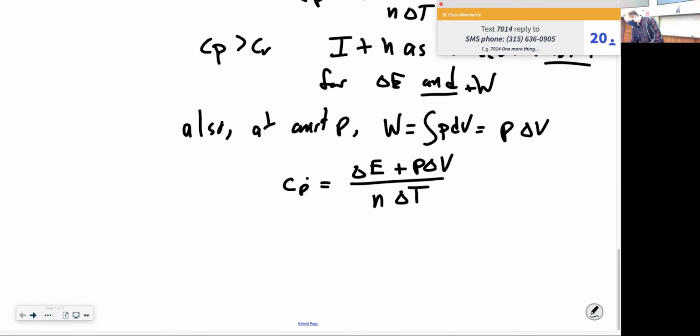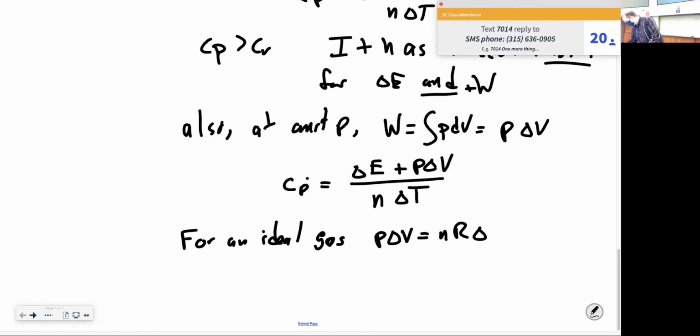We also know for an ideal gas that P delta V is equal to NR delta T if P is constant.